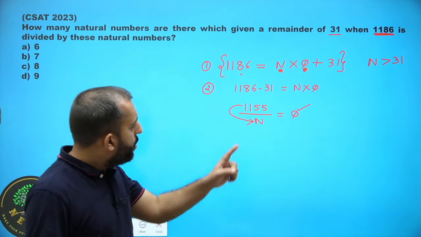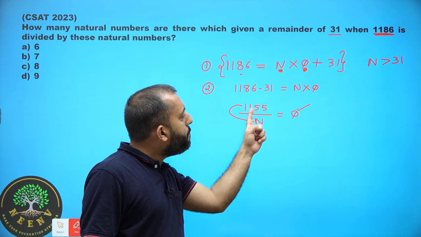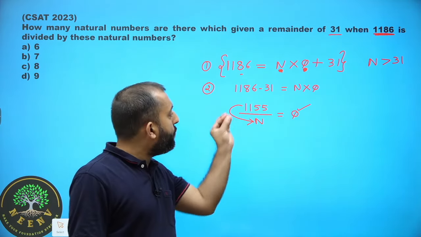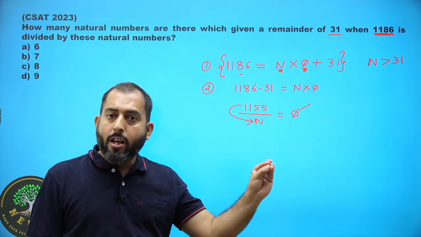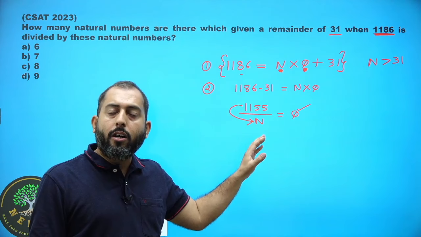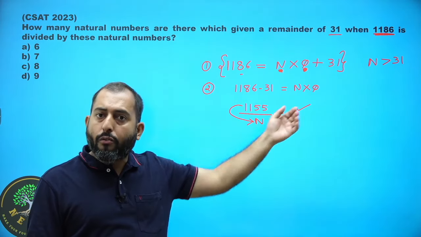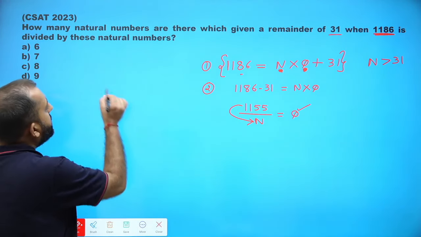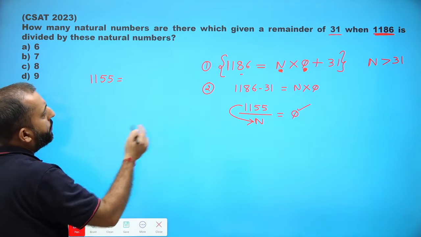It means 1855 must completely be divisible by n. Now, if 1855 is completely divisible by n, n will be equal to all the factors of 1855.